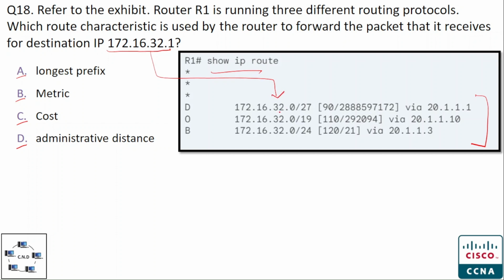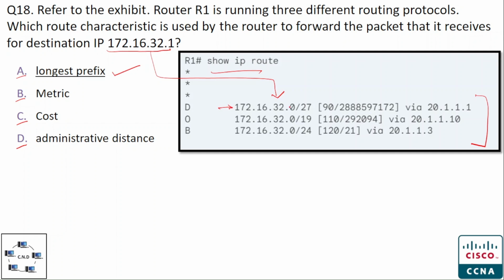Which route will be selected and why? These are the different criteria on which you can select a route: the longest prefix, metric, cost, and administrative distance. The correct option is that the first and foremost criterion to select the best route is the longest prefix. So in this case, which route will be selected? This one.